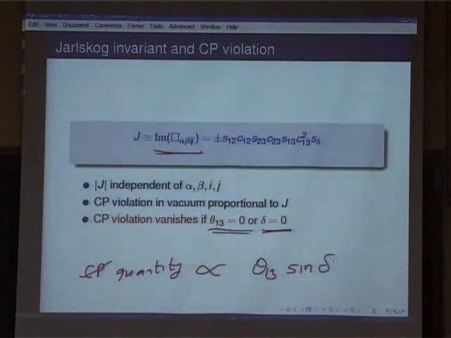Note that CP violation means sine delta, not any delta. So later on, when we calculate the expressions for CP violating quantities, you will see that everything CP violating will have a theta 13 and a sine delta. If they are 0, you will not get this.